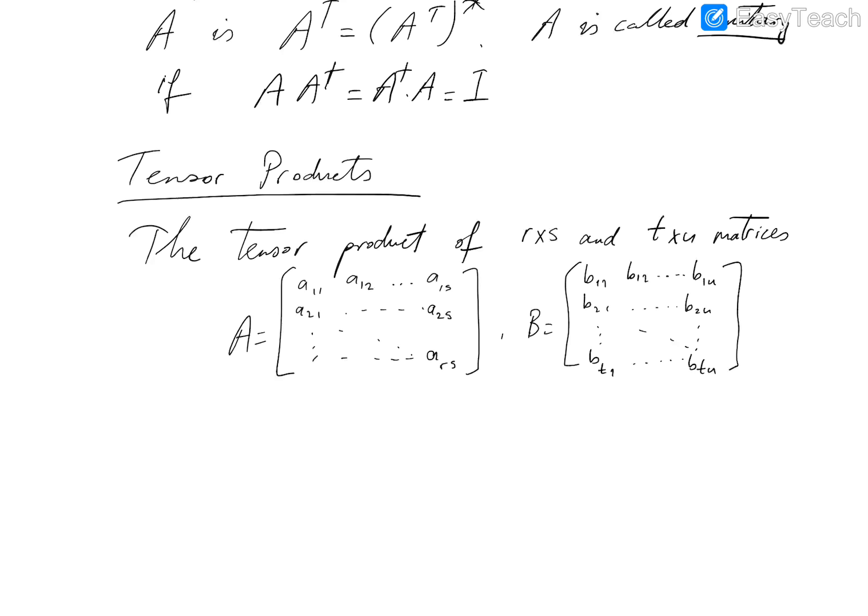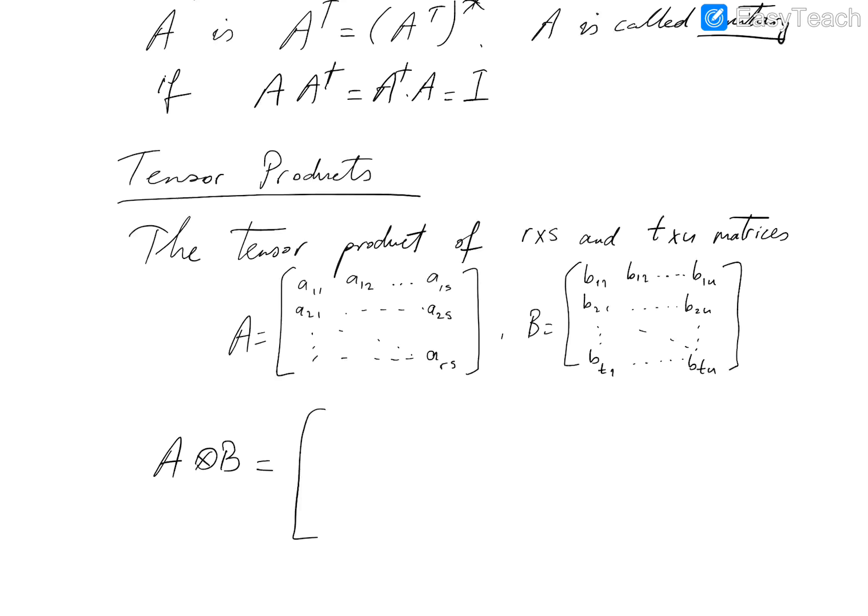The tensor product of A and B is denoted by A ⊗ B, and this is equal to an RT by SU matrix.